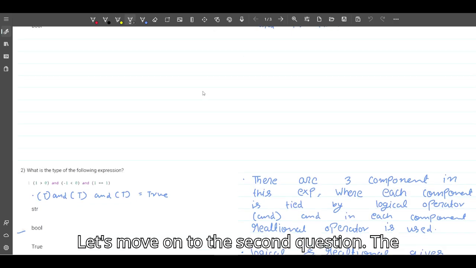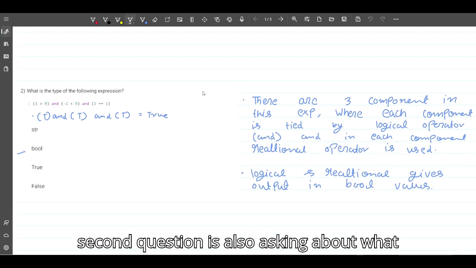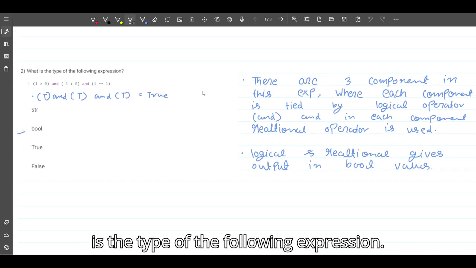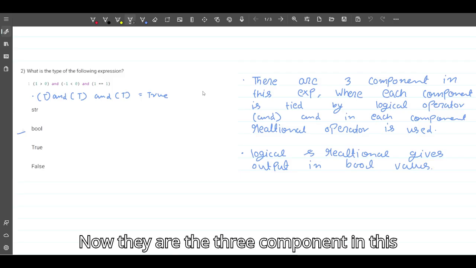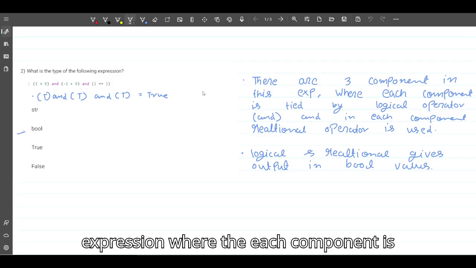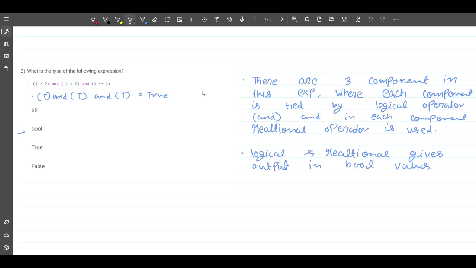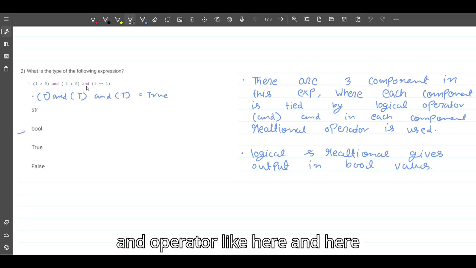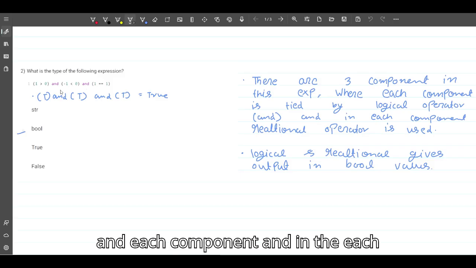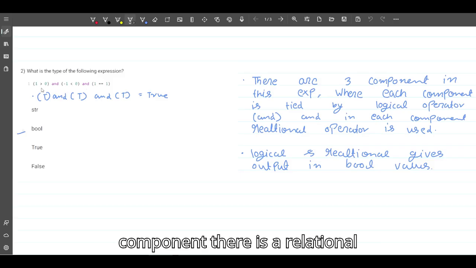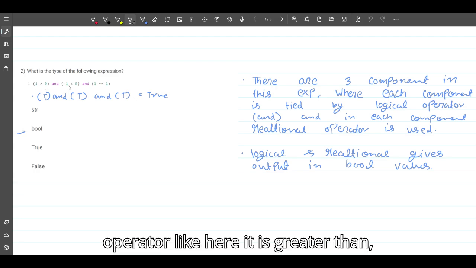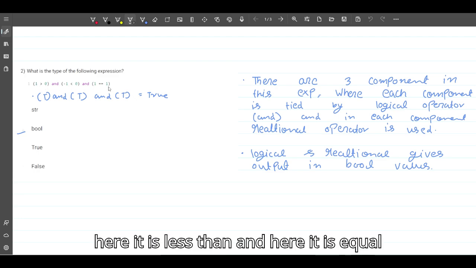Let's move on to the second question. The second question is also asking about what is the type of the following expression. There are three components in this expression, where each component is tied up by a logical operator, which is the AND operator, like here and here. In each component there is a relational operator: here it is greater than, here it is less than, and here it is equal to.